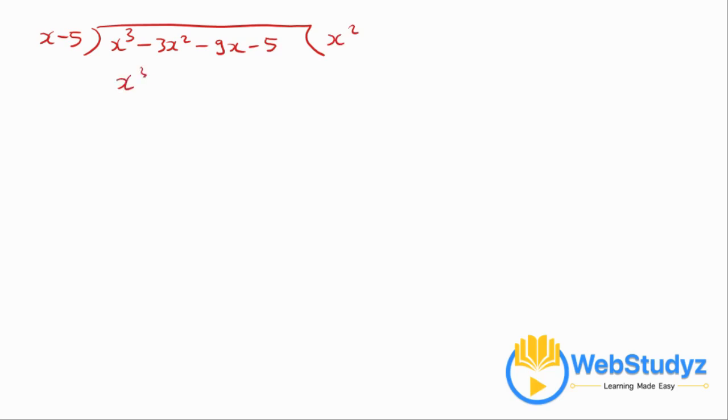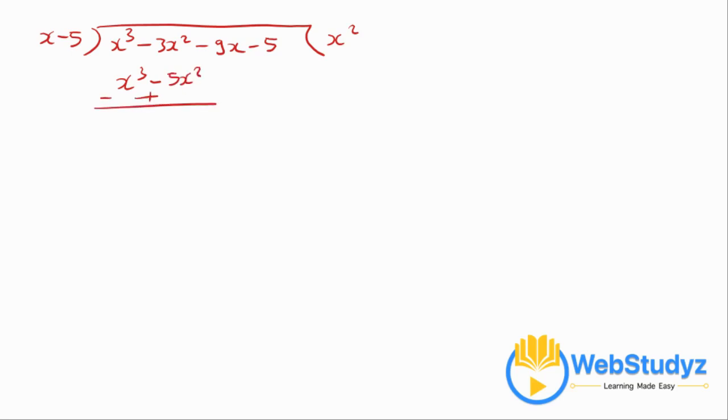That means we can divide the expression by x minus 5. So this will be x cube minus 3x square minus 9x minus 5 as dividend. So first dividing it by taking x square as quotient, this will be x cube minus 5x square.